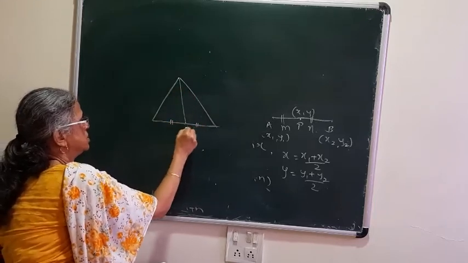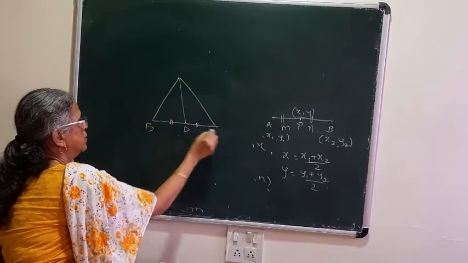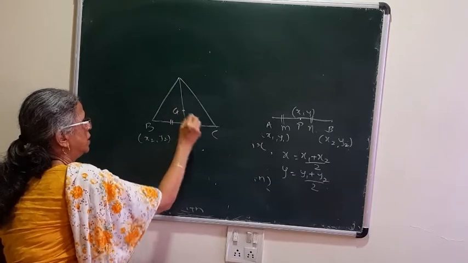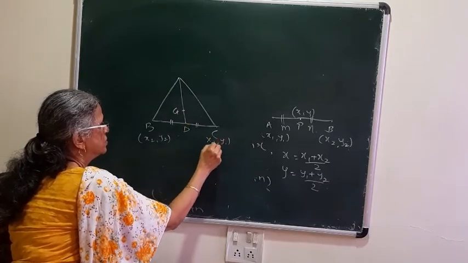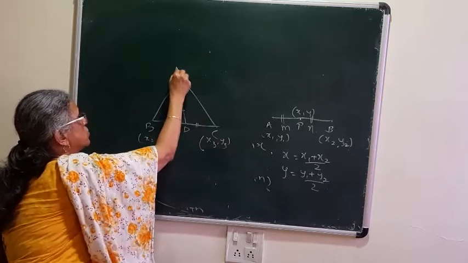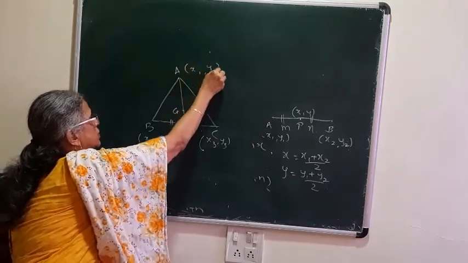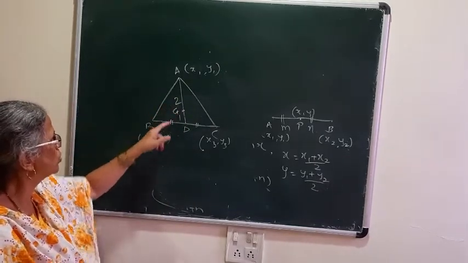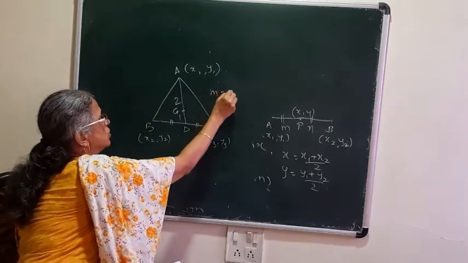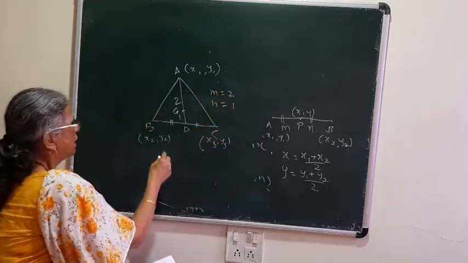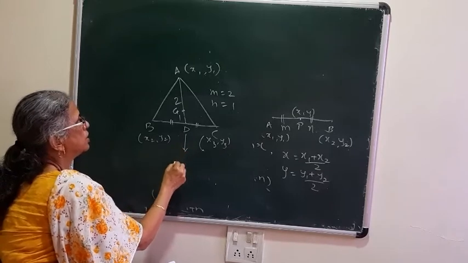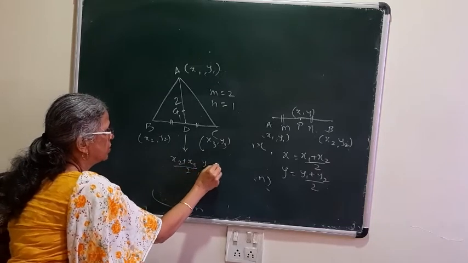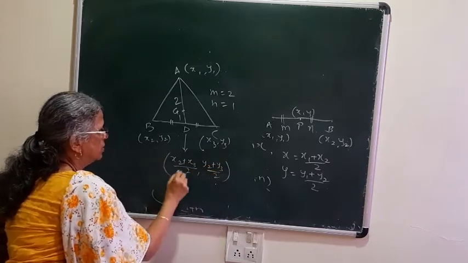This is the median, x2, y2, and this is x3, y3, and A has coordinates x1, y1. So the centroid divides each median in the ratio 2:1. Our m is 2, n is 1, and coordinates of D are x2 plus x3 upon 2, comma, y2 plus y3 upon 2 by the midpoint formula.